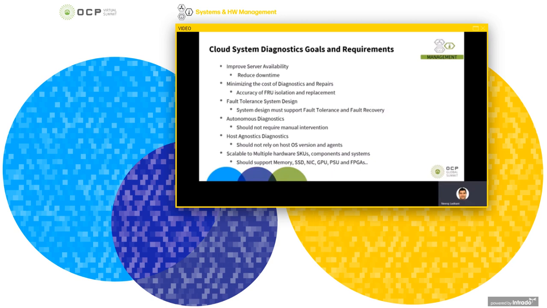So that's the number one requirement. And also the cost is important, because if the diagnostic solution is pointing out the wrong root cause and is not accurate, you're actually adding more cost to your cloud operations. And the third important requirement is fault diagnostics.